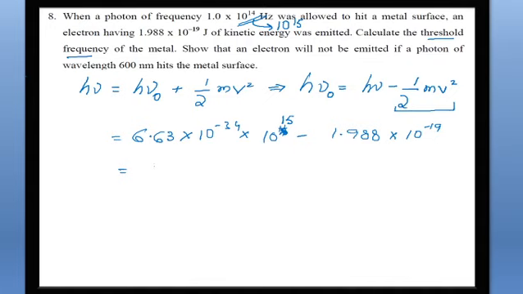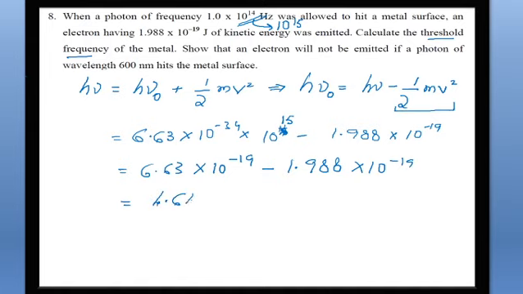So basically what you have got is 6.63 into 10 to the power minus 19 minus 1.988 into 10 to the power minus 19. So on solving this you will get around 4.642 into 10 to the power minus 19 joules. Fine, but we need to find the threshold frequency. So what is threshold frequency?